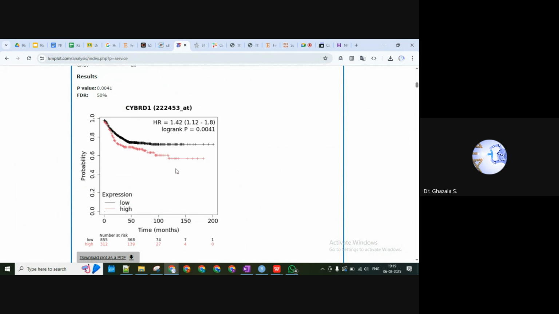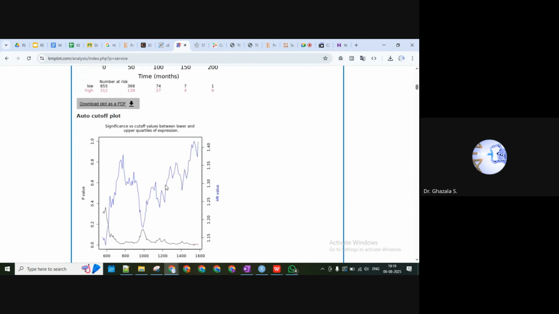So those genes which have more difference here, we call them predictive genes. Okay, they can help us to identify or predict the disease stage, how the disease will progress with time.